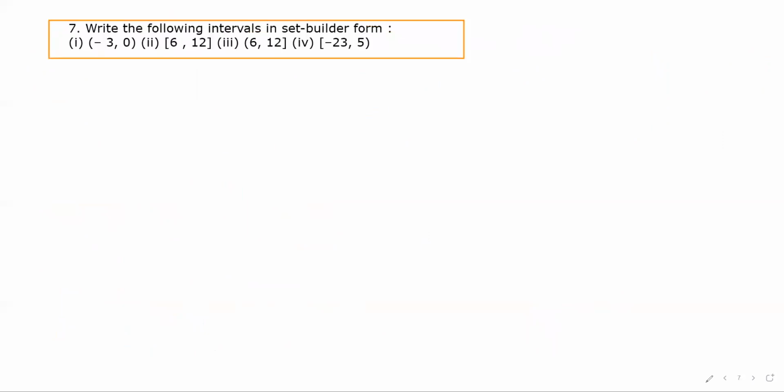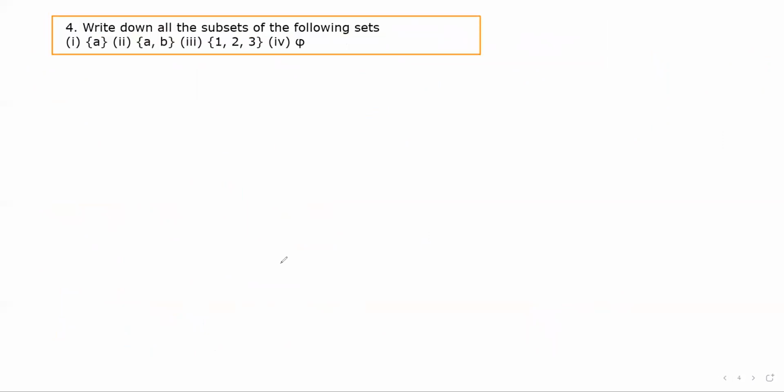Next, write down all the subsets of the following sets. So you're supposed to write all the subsets. First part, we know that phi is a subset of any set.